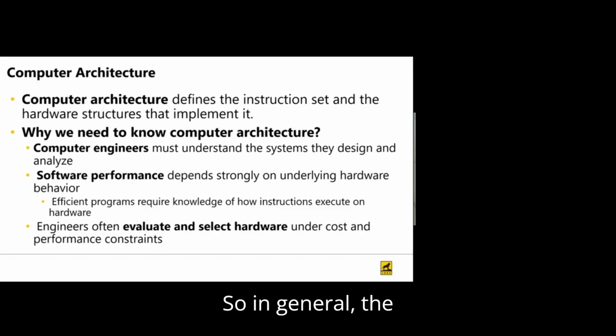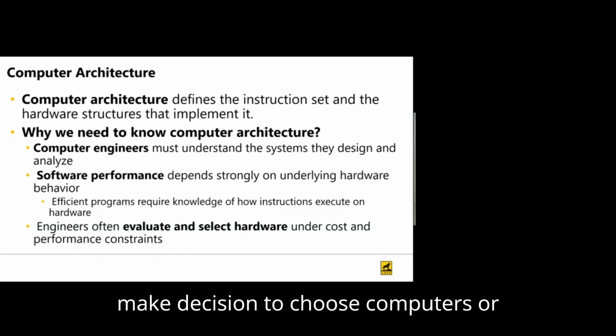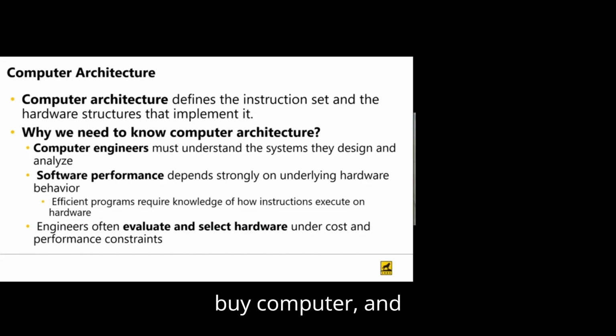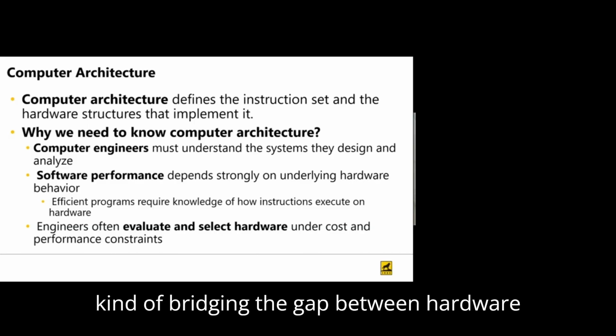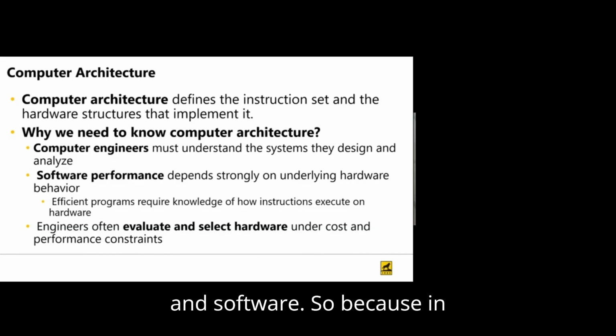So in general, the takeaway of this slide is that computer architecture is essential for understanding performance, for making decisions to choose or buy computers, and for bridging the gap between hardware and software.